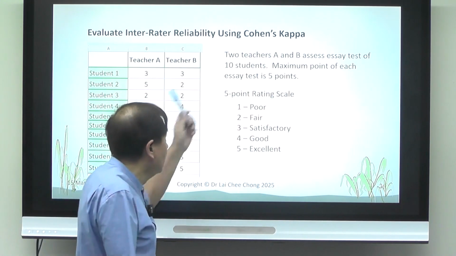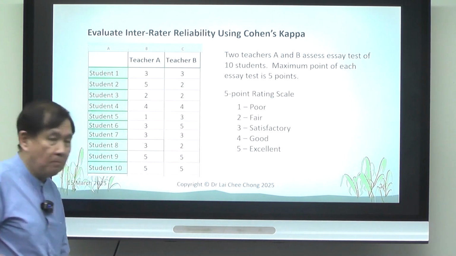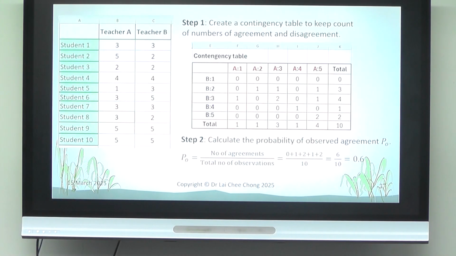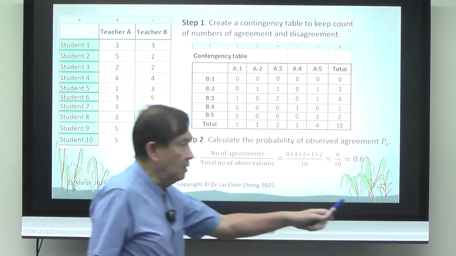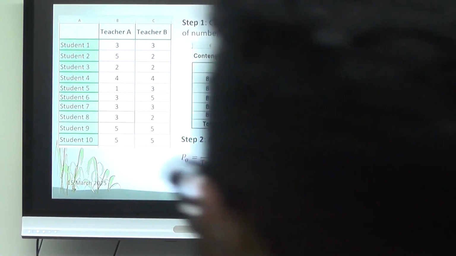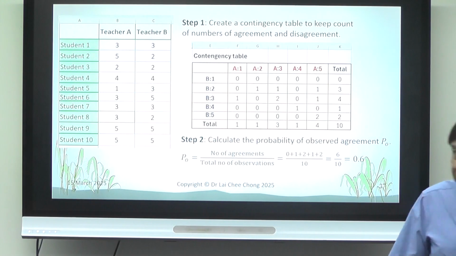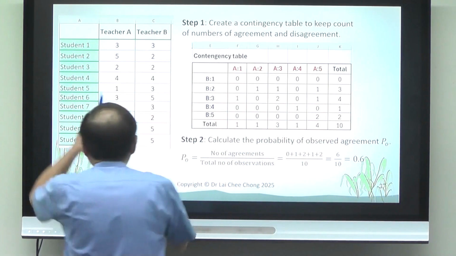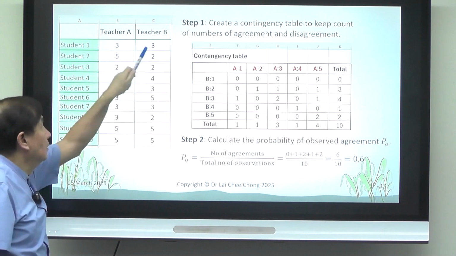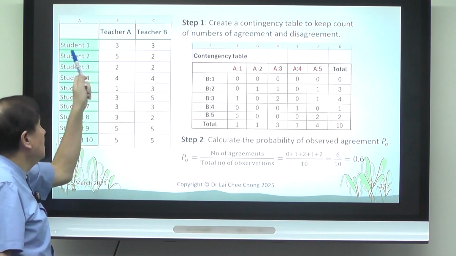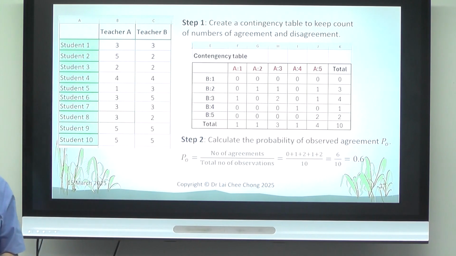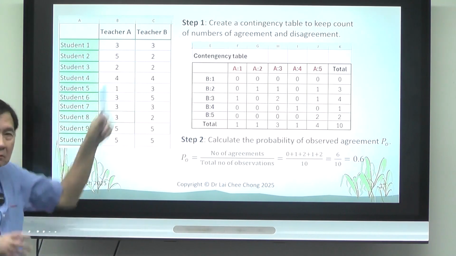You see that? Now, how to tabulate it? I will count among the grading how many times they agree. For example, how many times do they agree that both will give 1 point, 1 and 1 point? None. So 0. Look at this one. A2 gives 1 point. B2 gives 1 point.